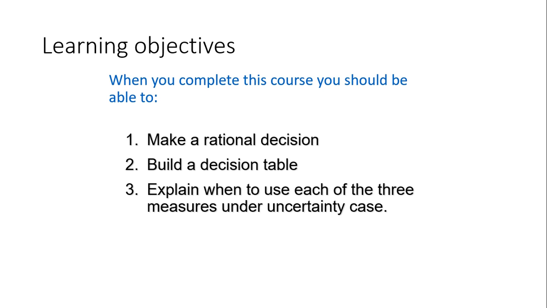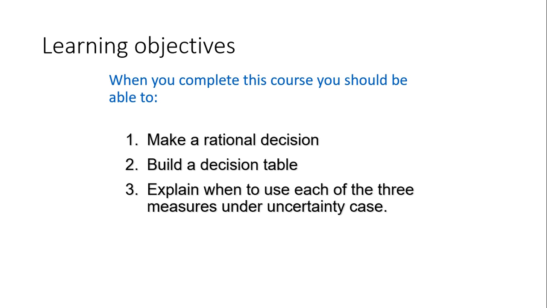Your learning objectives, which you must complete in this course, you will be able to achieve. Number one, make a rational decision. You must learn how to make a rational decision.